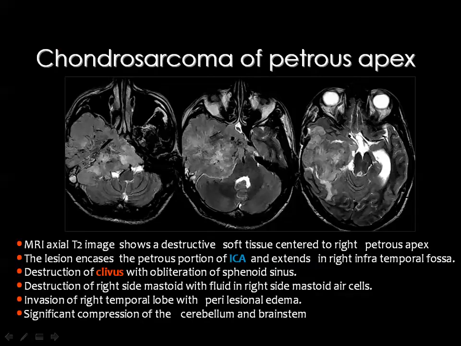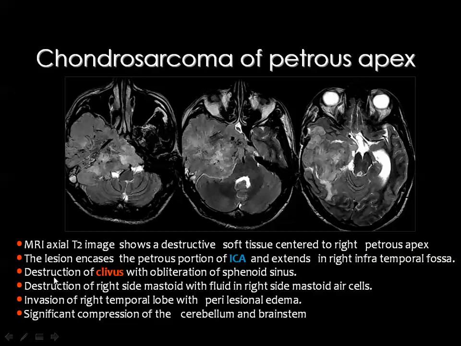Then this is another example of chondrosarcoma related to the apex of the petrous bone with aggressive destructive changes in the skull base, especially the petrous bone and the clivus, with extension into the sphenoid sinus, intracranial extension in the temporal fossa, as well as in the posterior fossa, with compressive effect on the brainstem and the fourth ventricle.